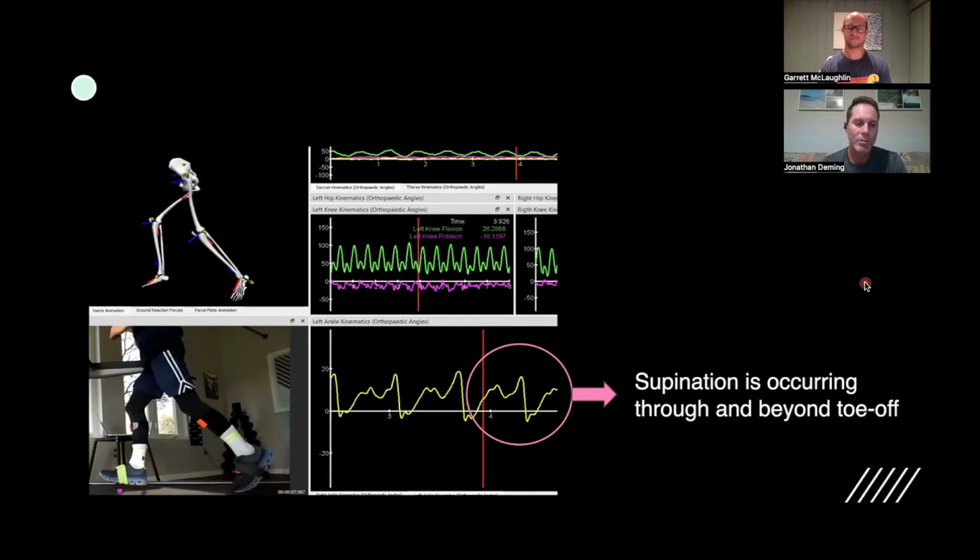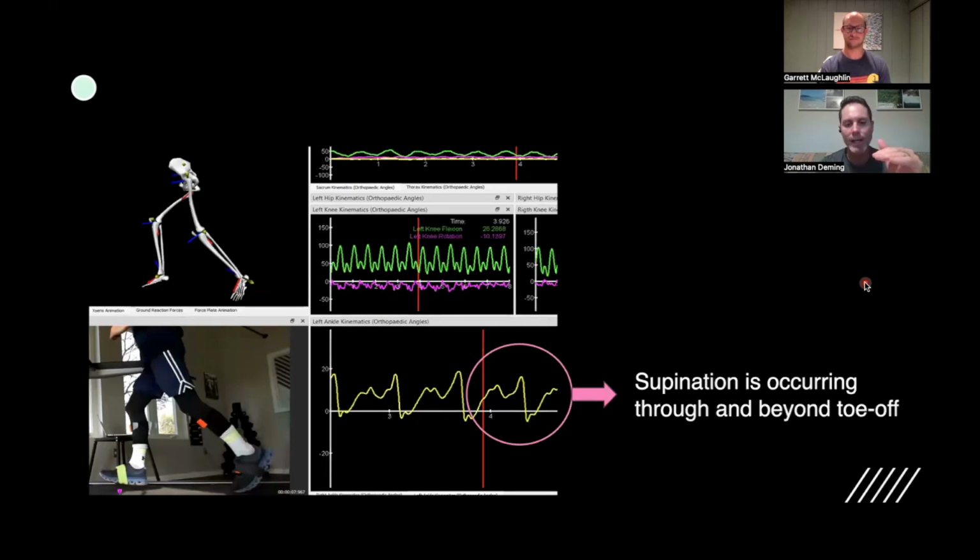This is mechanical efficiency we're talking about, hence the biomechanics. So we want to get a good return on our energy so that we're not constantly wasting and overusing it. And that pronation can work to our advantage if we know how to control it. So that's what we're going to get into here.